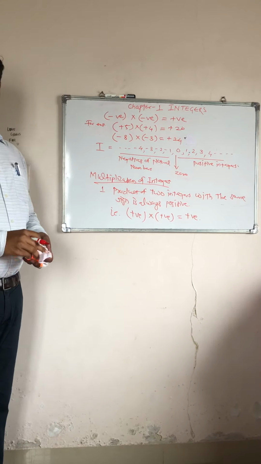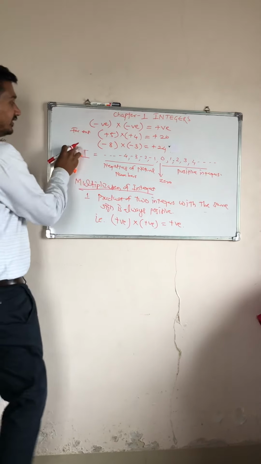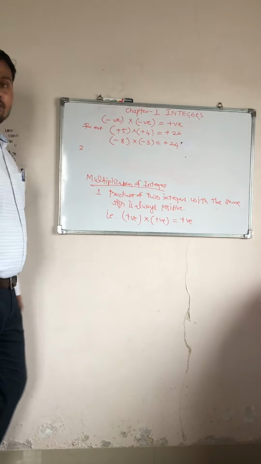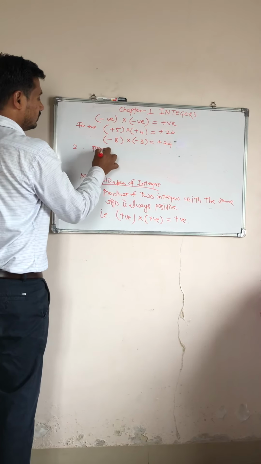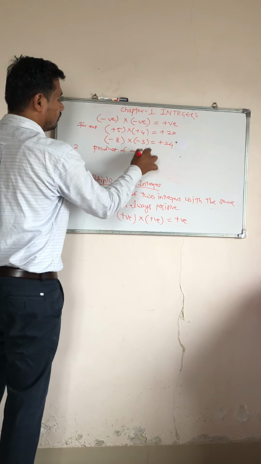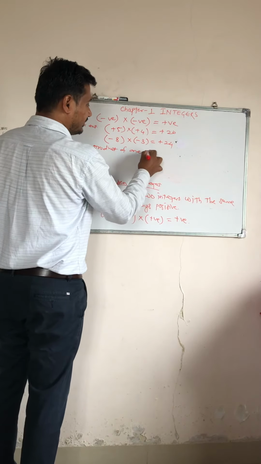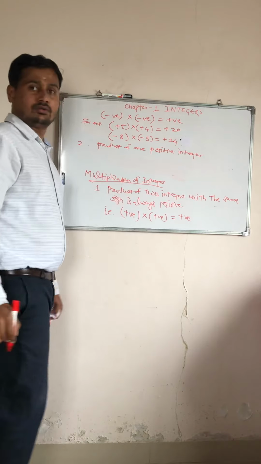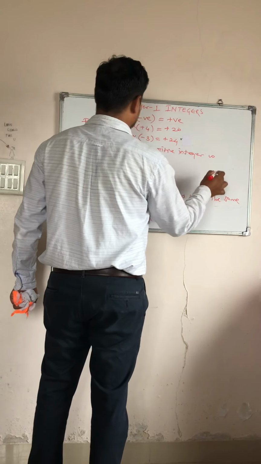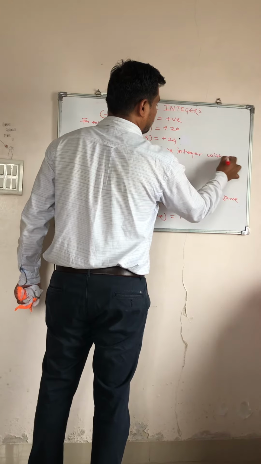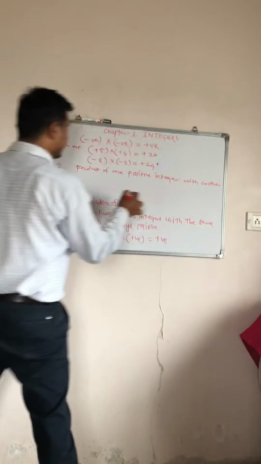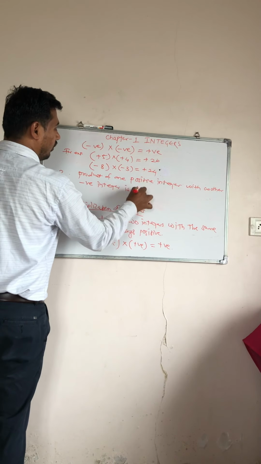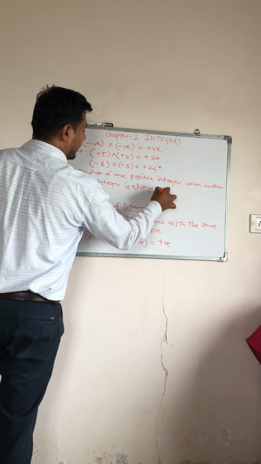Now the second important thing about the multiplication of integers is that the product of one positive integer with another negative integer is always negative.